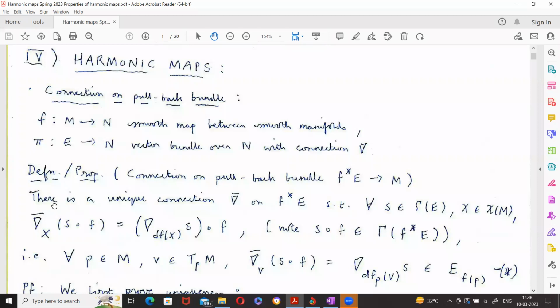It states the following. There is a unique connection nabla bar on the pullback bundle, which is compatible with the connection nabla in the following sense.